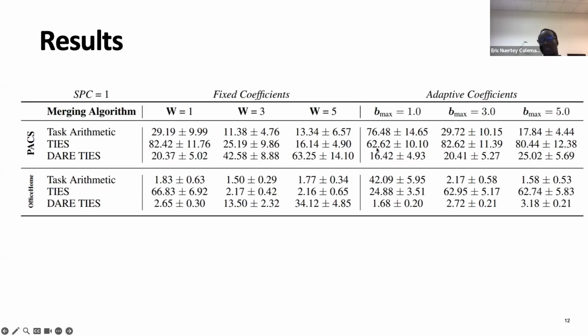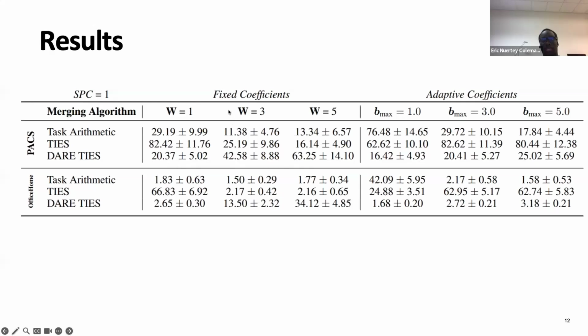For ours, using values that range from 0 to 1, when you use a value like 3 or 5, you can see the difference isn't that huge. For TIES, it's a much more difficult benchmark.